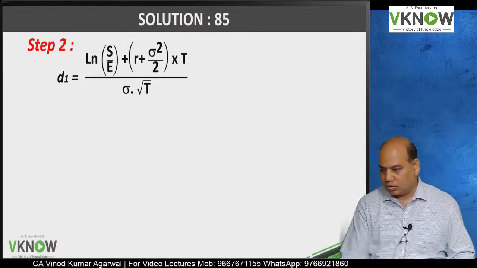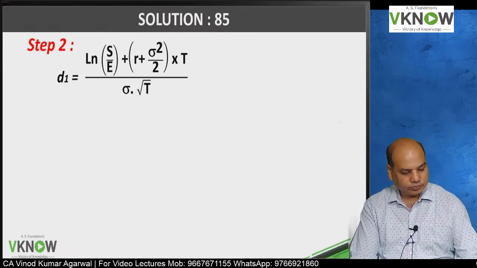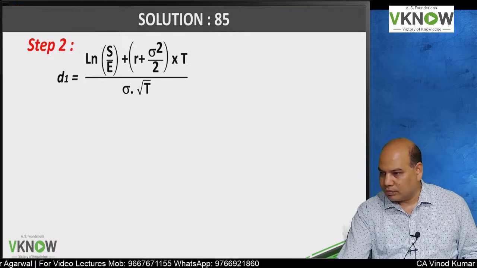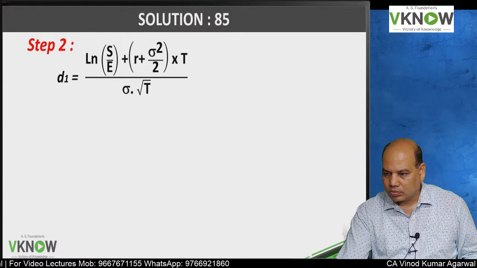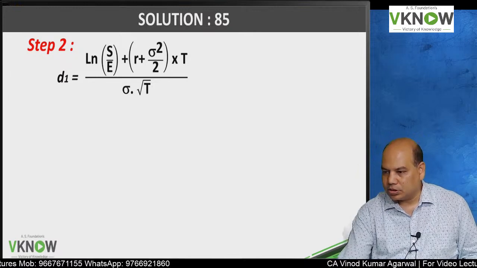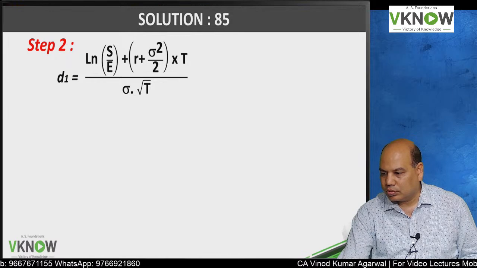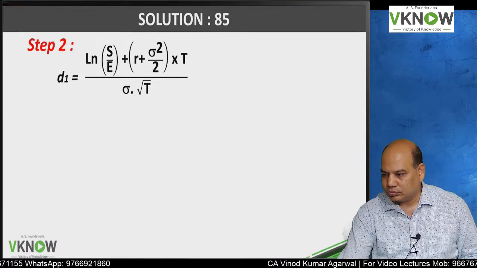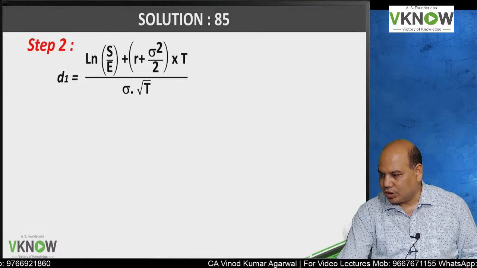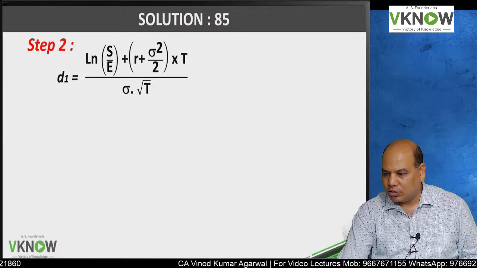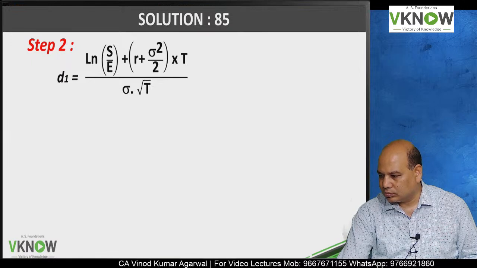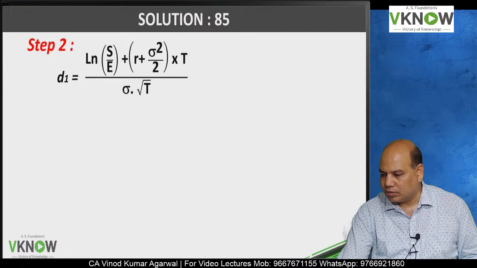D1 equal to ln S upon E plus in bracket R plus sigma square by 2 into T, upon sigma into under root T.